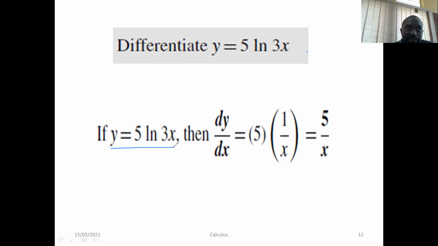And in this case, this constant has no bearing on the derivative. So if we take this part of the function, ln x is simply 1 over x. 1 over x multiplied by that 5 here, and then this becomes 5 over x as our final answer.